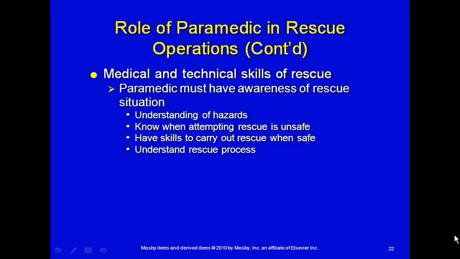If the scene is safe, you certainly can access it. If it isn't safe, like a down power line across the vehicle, then that certainly isn't a situation that you want to approach until you know the power is off from that line. And then once it's safe to access the patient, having the skills in order to do that is part of your training as well.